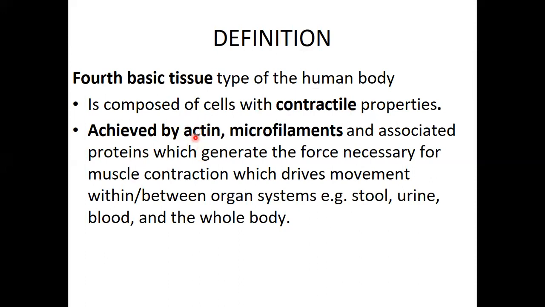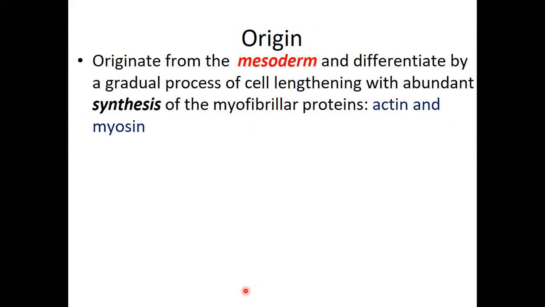Myosin, we call thick filaments. Because of the presence of those filaments, muscles have the ability to contract and relax. Worth mentioning is that all cells have actin and myosin, but the amount and the arrangement is different. Muscle has the highest and well-organized actin and myosin filaments, which make a contractile apparatus. We'll come to that shortly.